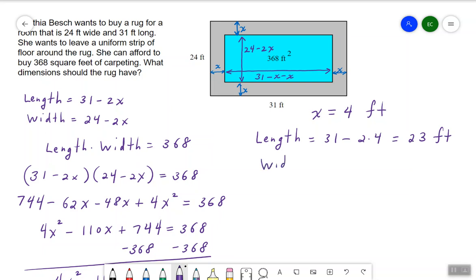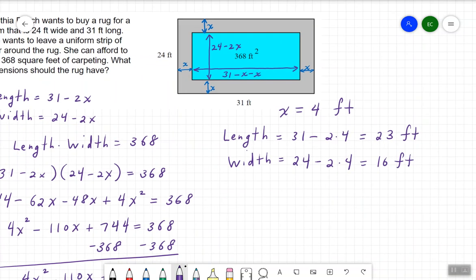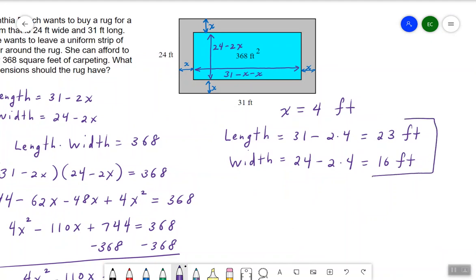And the width would be 24 minus 2 times 4, which is 16 feet. So the dimensions of the rug are right here, and that's our final answer.